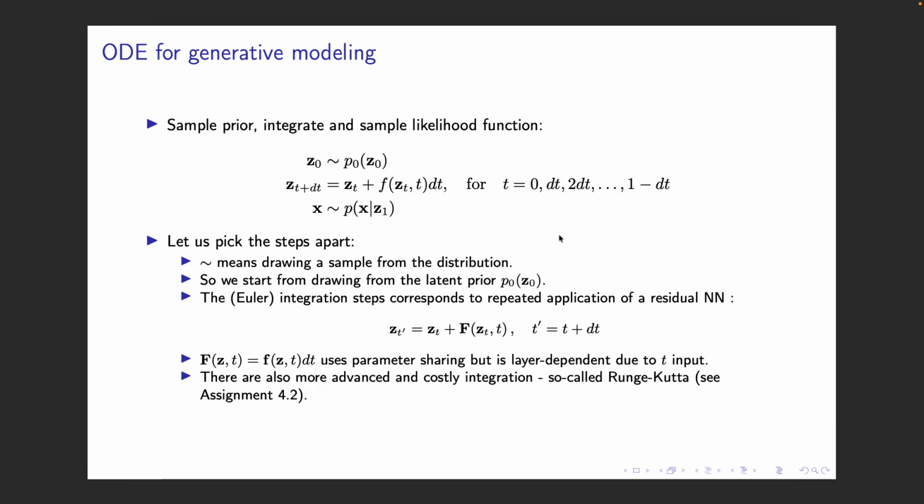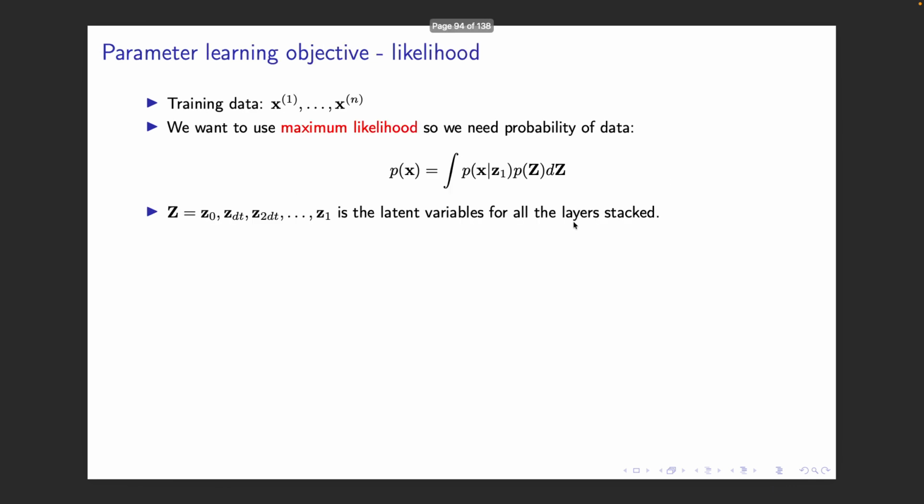If dt is 1 over 100, then dt squared is 10 to the minus 4, so it's much, much smaller. But you have to pay a price because you have to evaluate the f function more times than with the Euler method.